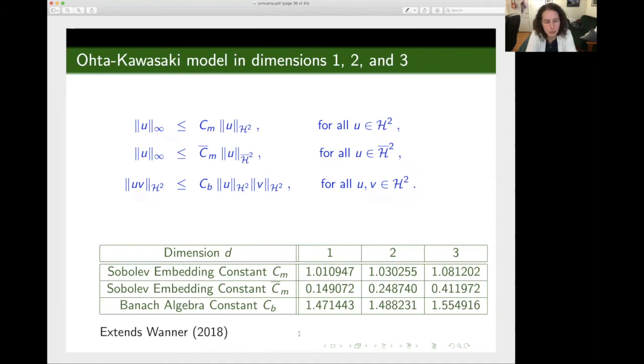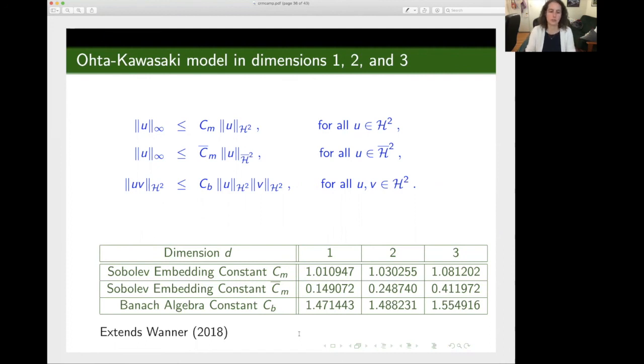Wanner in 2018 wrote a paper, so there are these Sobolev embeddings of various spaces inside each other. And what he realized is that if you write it in this setting, it's possible to not just say that you have an embedding, but actually come up with validated values for the embedding constants. So that's really nice because that means that we don't just have an embedding, but we have an actual value we can work with.